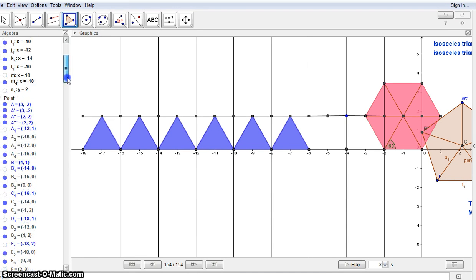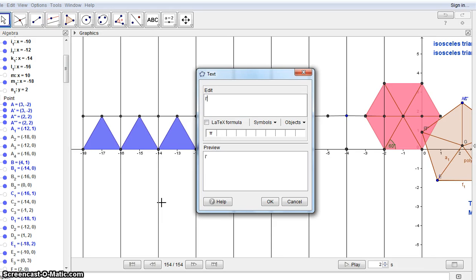Okay. So here is the area of 6 congruent triangles that has the same area as the hexagon constructed of 6 congruent triangles. So I'd like to show, let's figure out exactly what I'm trying to show.